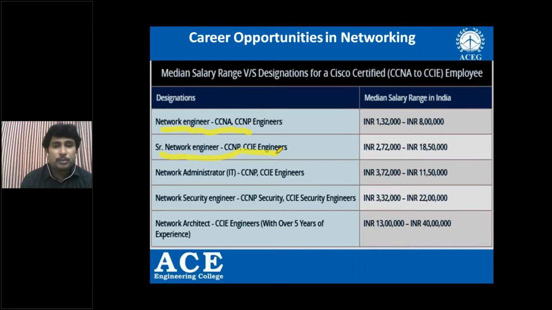And after some more years with more experience and more certifications, as we said, Cisco Certified Network Associate and Cisco Certified Network Professional, you can become a network administrator with a package up to 11 lakhs, or a network security engineer, where the package can range up to 22 lakhs, and as a network architect with over 5 years of experience, you can earn 40 lakhs per annum. Now that sounds good, right?